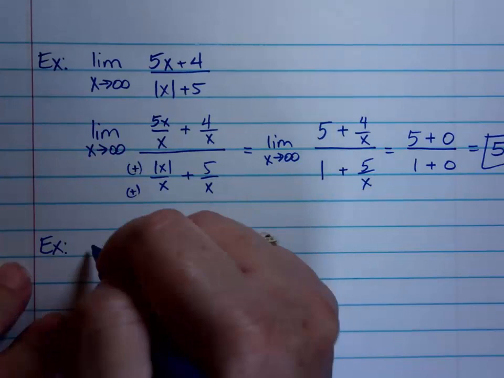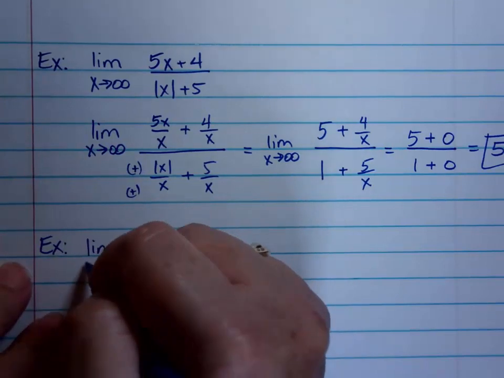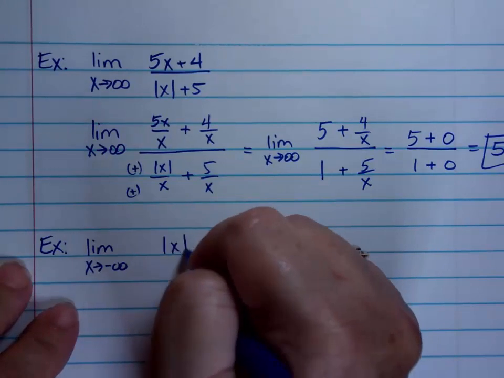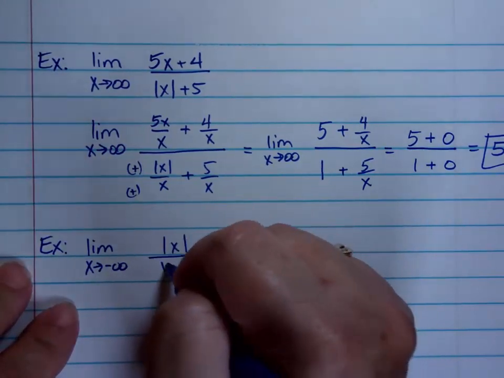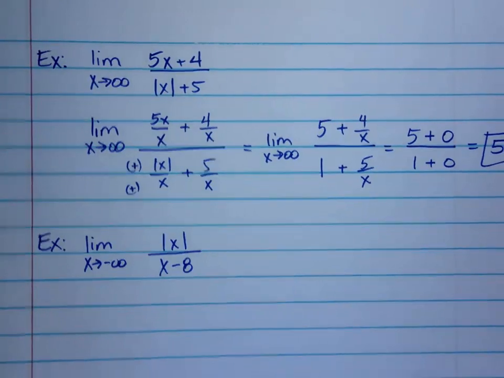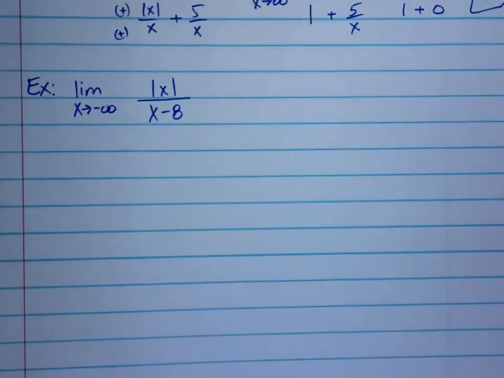Now, let's talk about what happens when it's approaching negative infinity, because that's when it starts getting a little weird. The limit as x approaches negative infinity of the absolute value of x over x minus 8.